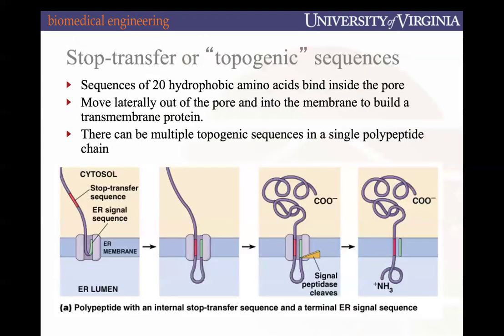Okay. So another key example of co-translational import that's important for us to discuss is those that have a stop transfer or topogenic sequence. In this case, it's a sequence of 20 hydrophobic amino acids that determines that this is a protein with a region embedded in the plasma membrane.